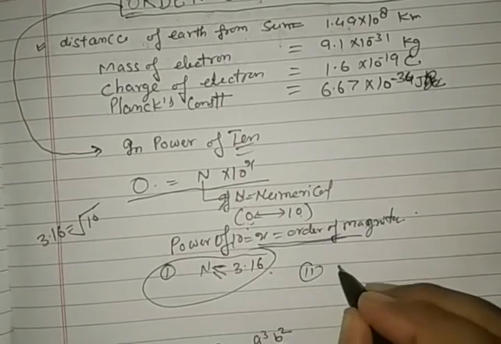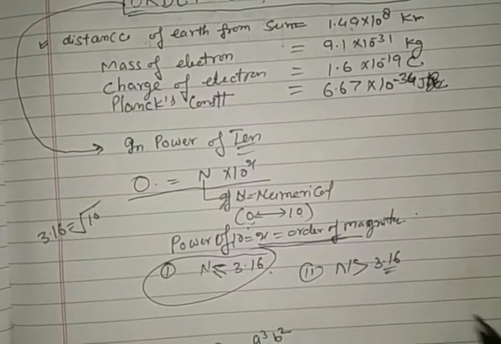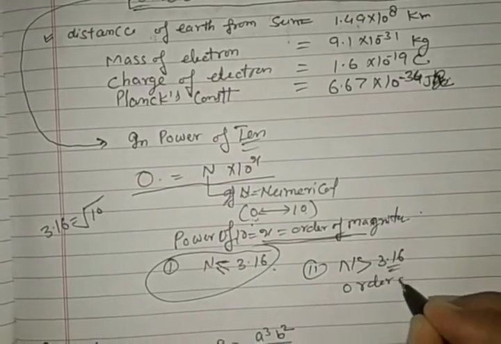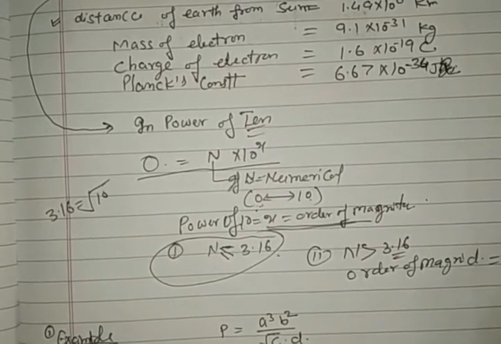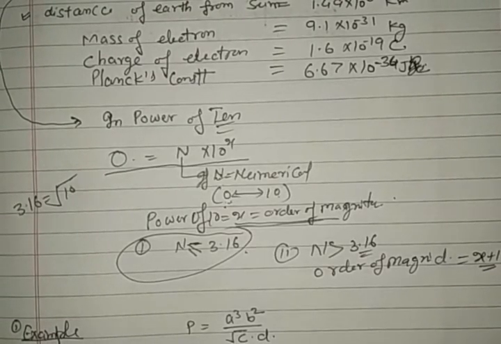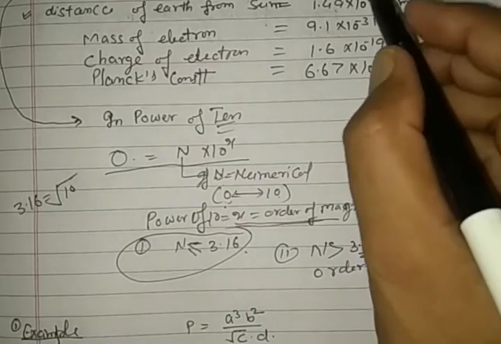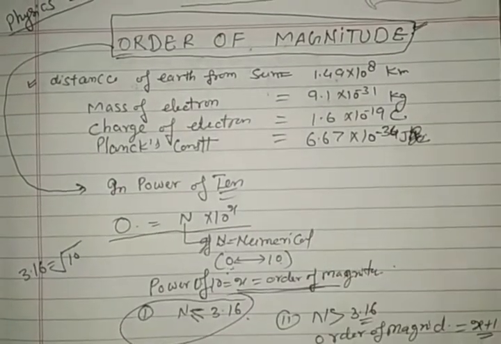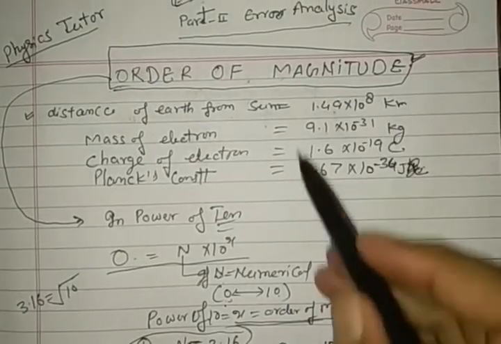And in case n is greater than 3.16, in that condition the order of magnitude is x plus 1. So by taking this formula, see very carefully how we can obtain the order of magnitude of the aforesaid numerical terms written here.